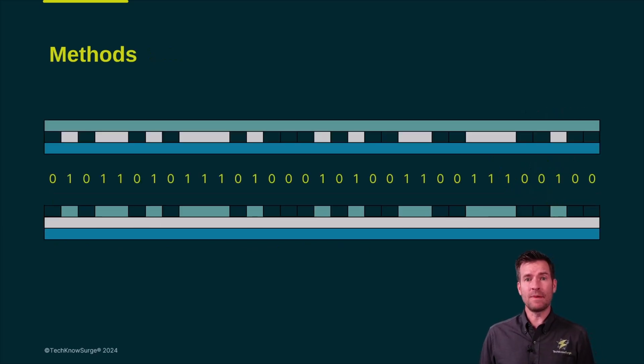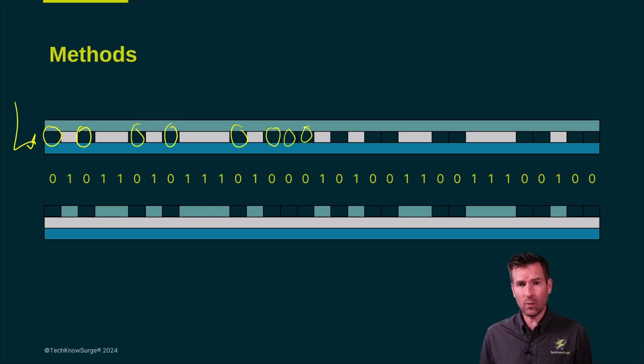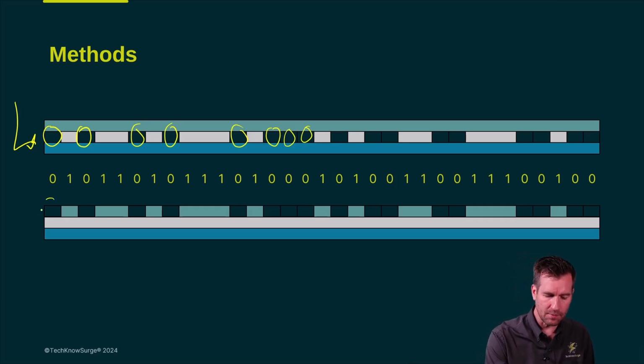Now there are really two methods that we could use to read from this disk. One of the methods is that we could have an absence of a reflective surface. So that's what we've been covering: we have a reflective surface that doesn't exist in these spots right here, and therefore those are 0s. But the other way that we could do this is we could actually block light on this other surface here.